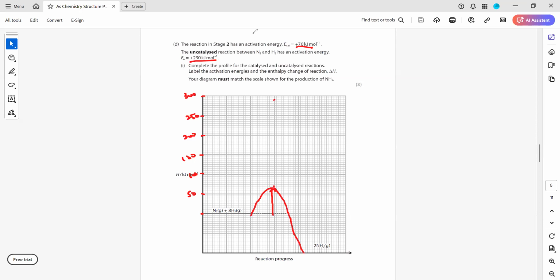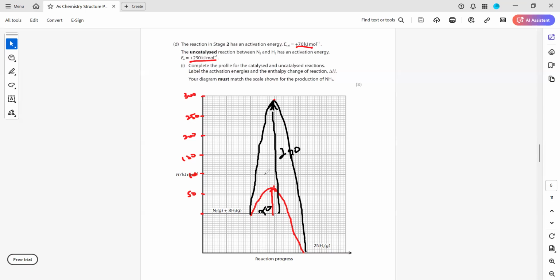So without a catalyst, the activation energy will be higher. So this is the activation energy without a catalyst, and an activation energy is always positive, so it's always pointing up. So this is 290 and this one is 70.